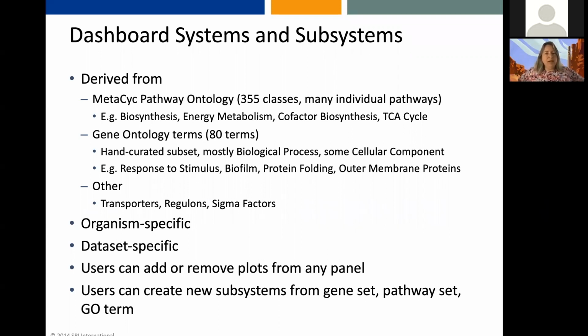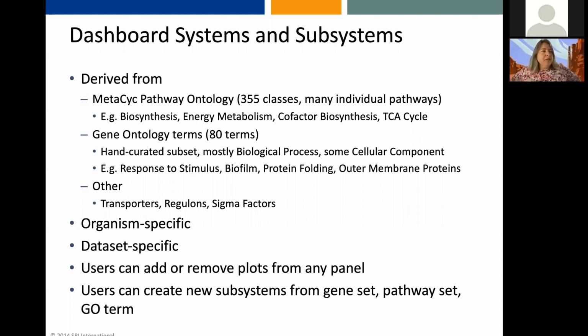So if you have a data set that's organism specific, for example, if we're looking at human, you might find a subsystem for hormone biosynthesis. But if you're looking at a prokaryote, that's not relevant to prokaryotes, so you won't see that subsystem on your dashboard. It's data set specific.